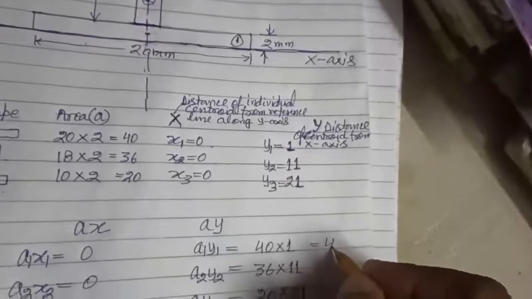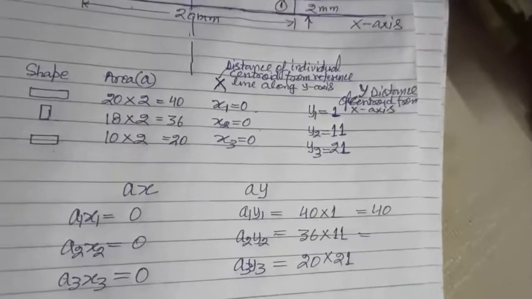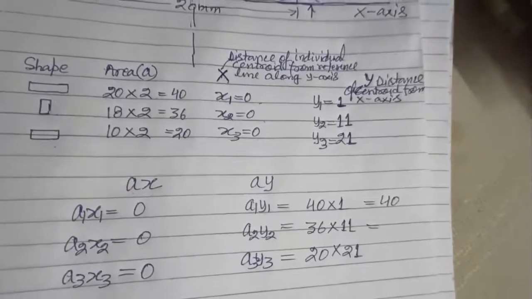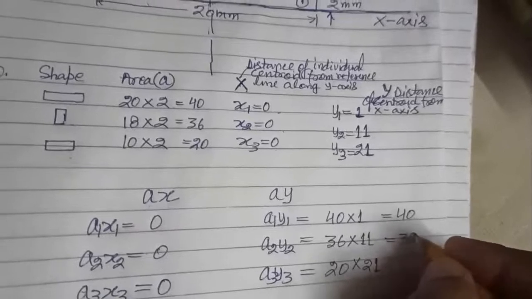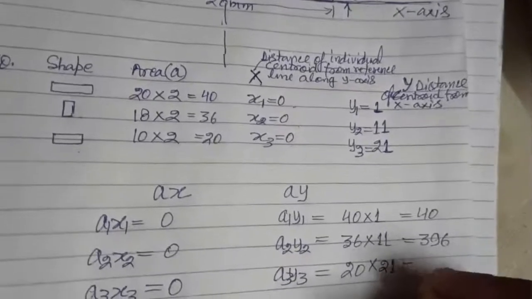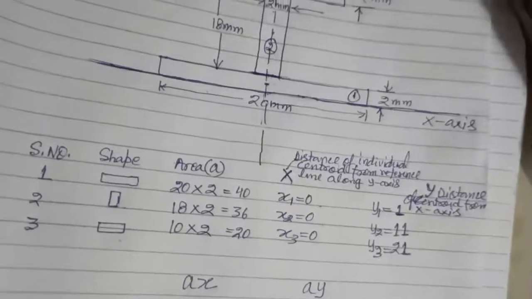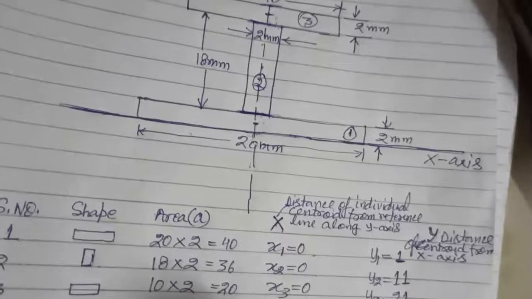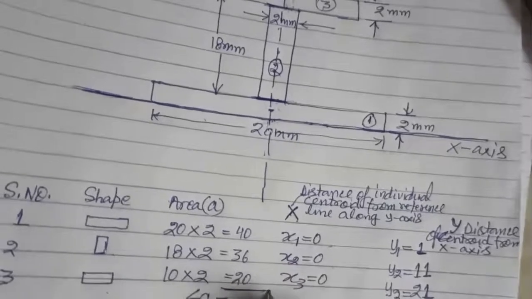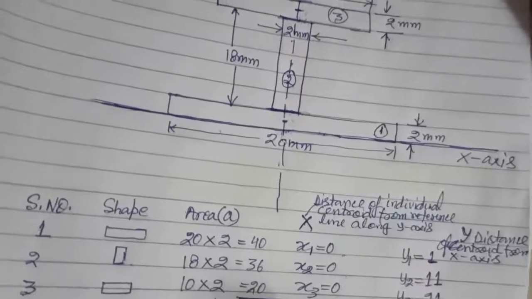So this will be 40, and this is 36 into 11 equal to 396, and this is 420. Now the summation A is equal to 96.